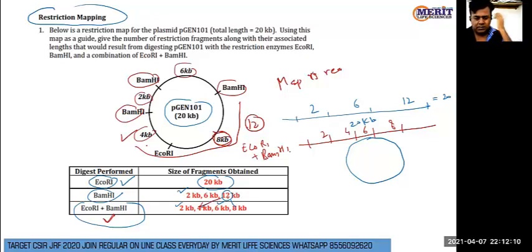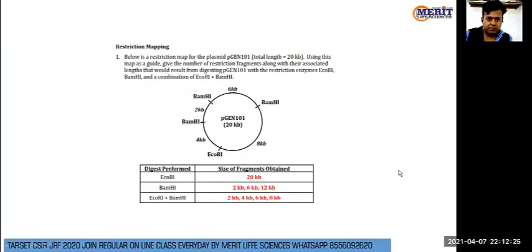So a lot of questions they can ask in the examination like this, but you should not be confused. Use your common sense and see where there is a difference, and based on that you can prepare. There is no formula, just simple common sense. Okay, so this is the final map.